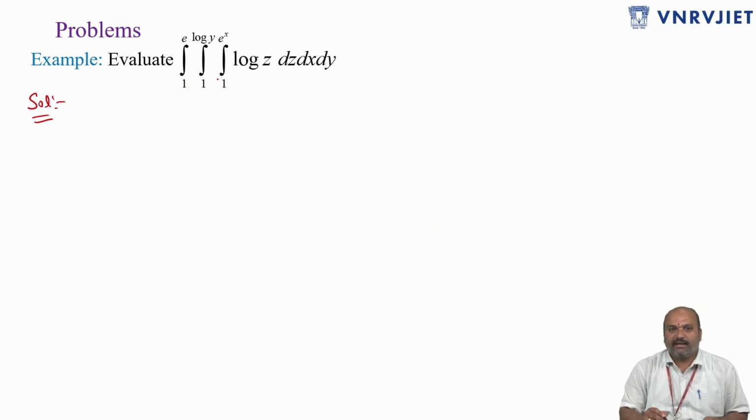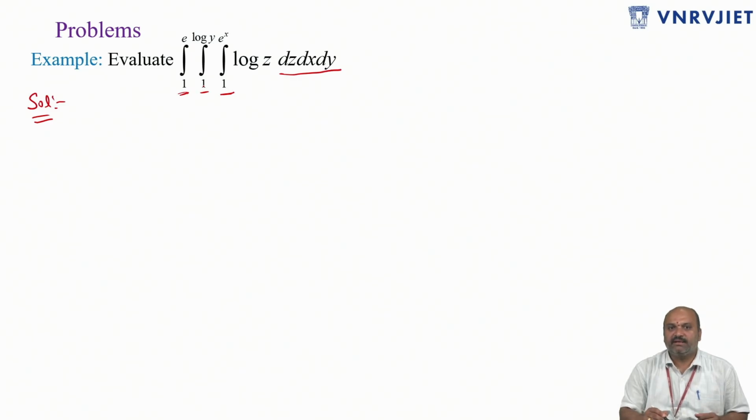See here, this is called the innermost integral, this is the inner integral, and this is the outer integral. The limits 1 to e to the power of x are functions of x, so these can be y or z limits. If we are unable to know whether these are y limits or z limits, follow this order of integration.